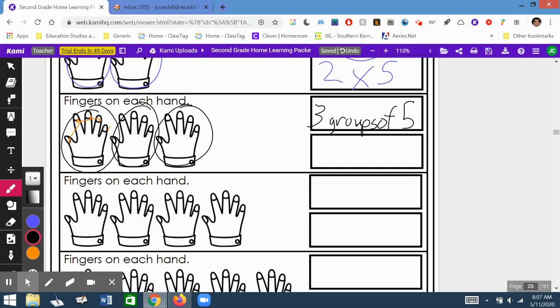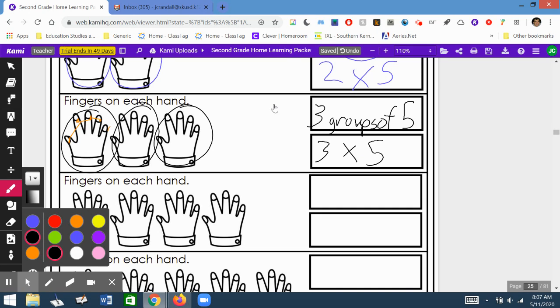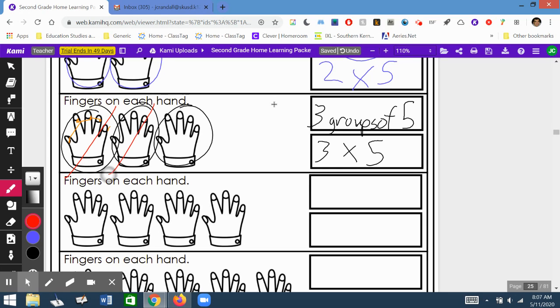Another way to say groups of is times. In other words, 3 times 5. If we do our counting chant, you can actually figure this one out. We're going to count by 5s, and I'm going to count the hands off as we go. 5, 10, 15. See? That's one reason we did those chants, is to help us remember these things.